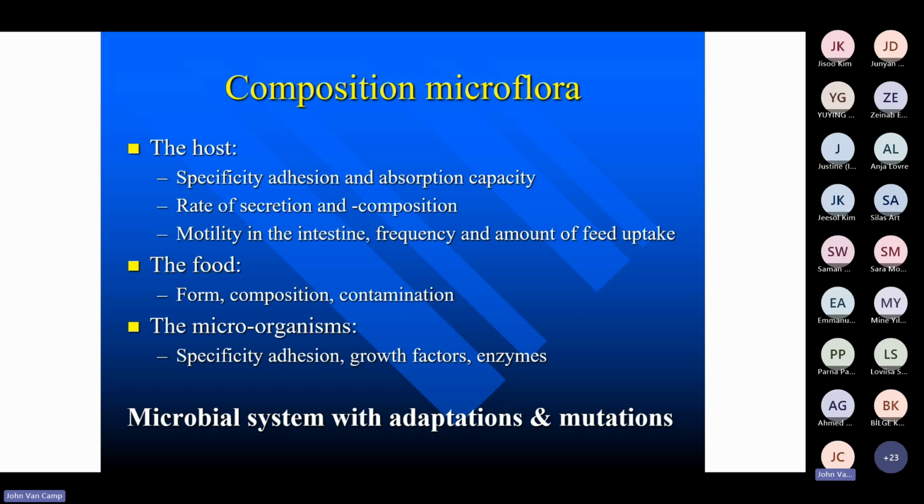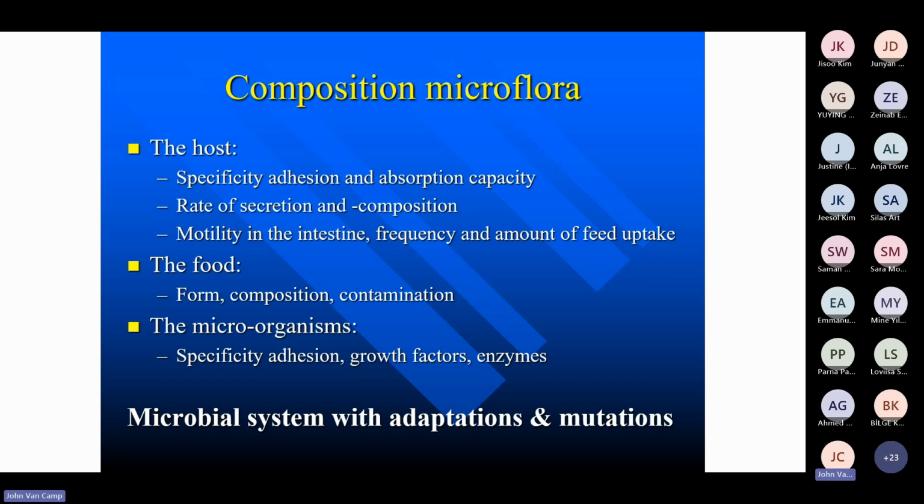So if you take all these elements into account, then you will create a so-called microbial system that can quite easily adapt and that can mutate. And this microbiota system is different for every individual. And it can very quickly destabilize.